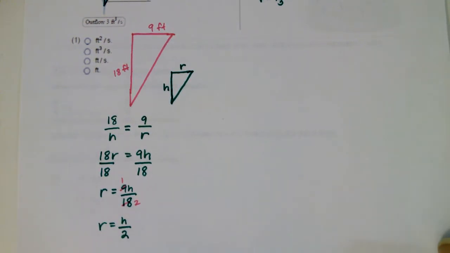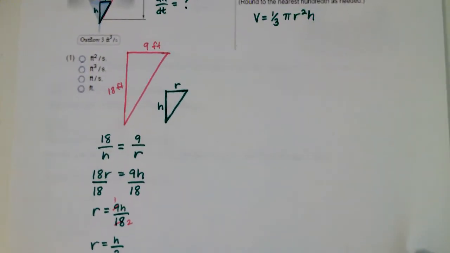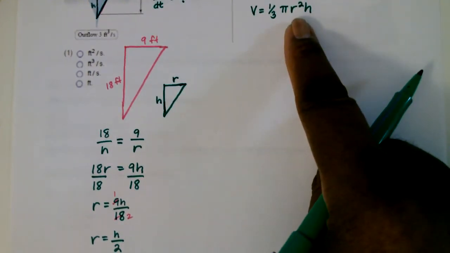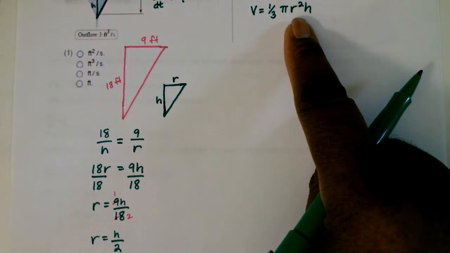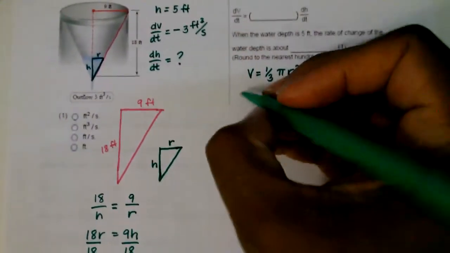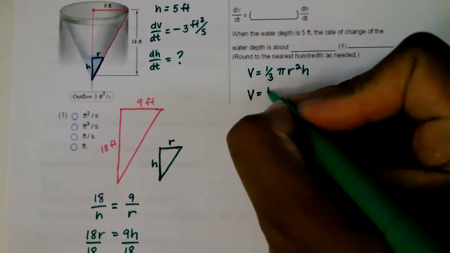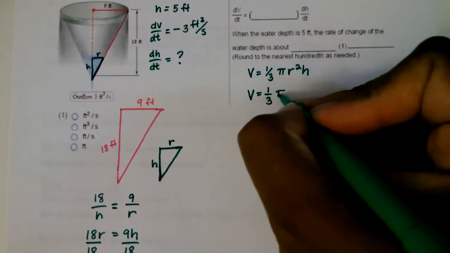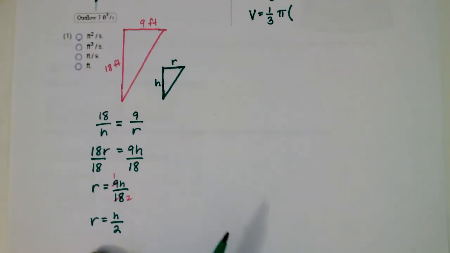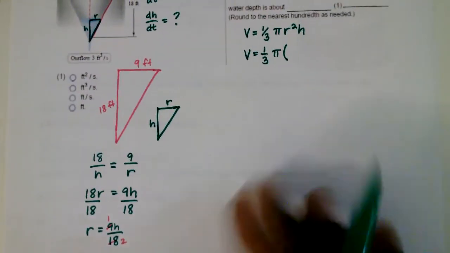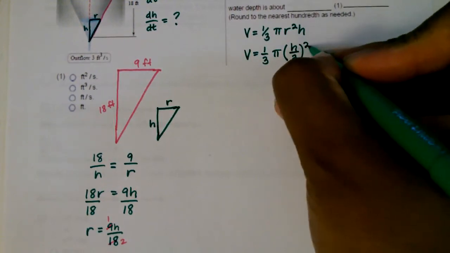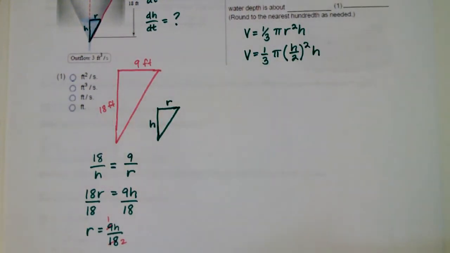Now I'm going to take that r is equal to h over 2 and substitute it for the r in the formula for the volume of the right circular cone. So V is equal to 1/3 times pi times r, which we found to be h over 2, squared, times h.